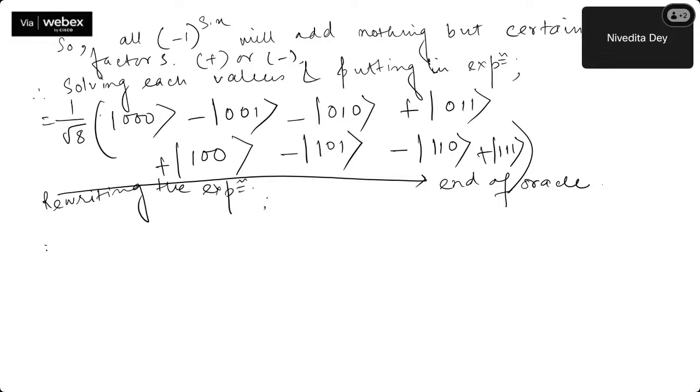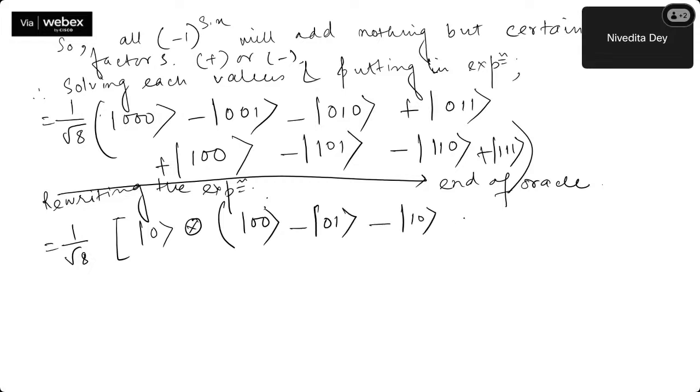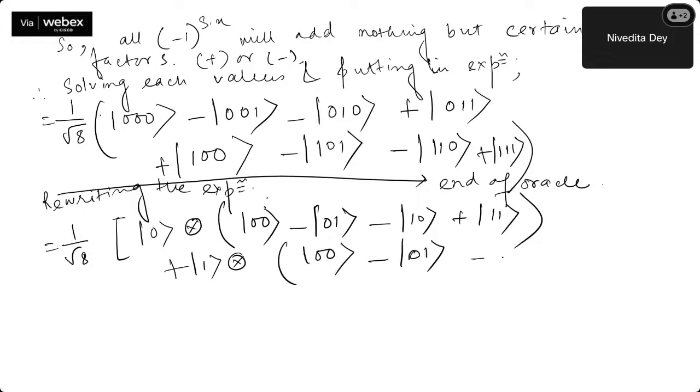We will get 1 by root 8, just follow. It's a normal thing. So ket 0 product, a very simple algebraic simplification: ket 00 minus 01 minus 10 plus 11, and plus ket 1 product certain 00 minus 01 minus 10 plus 11.